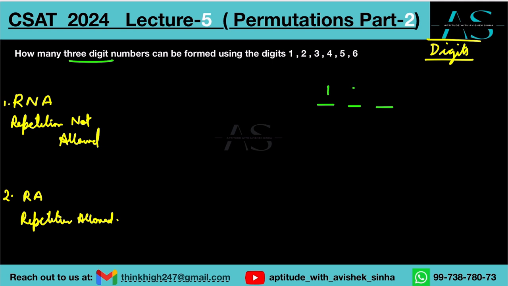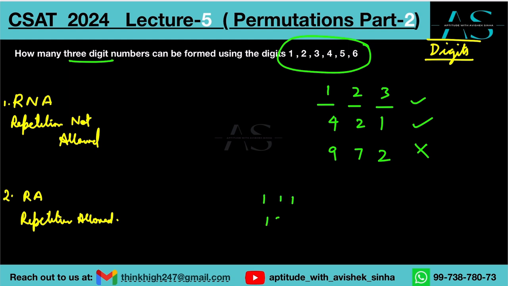So we can write these numbers as 1, 2, 3 or maybe 4, 2, 1. These are all valid, right? We cannot write here 9, 7, 2 because 9 and 7 are not part of the option. This is not possible. When we talk about repetition is allowed, we can write this number as 1, 1, 1 or 1, 2, 1 or 2, 2, 3 because you can repeat the digits as well. So that is what repetition allowed means.